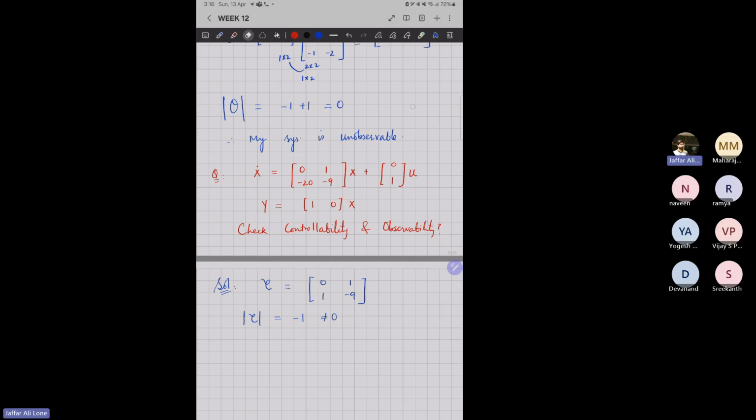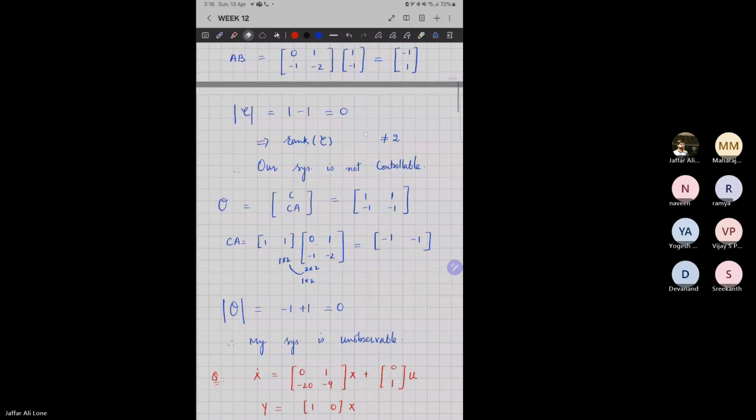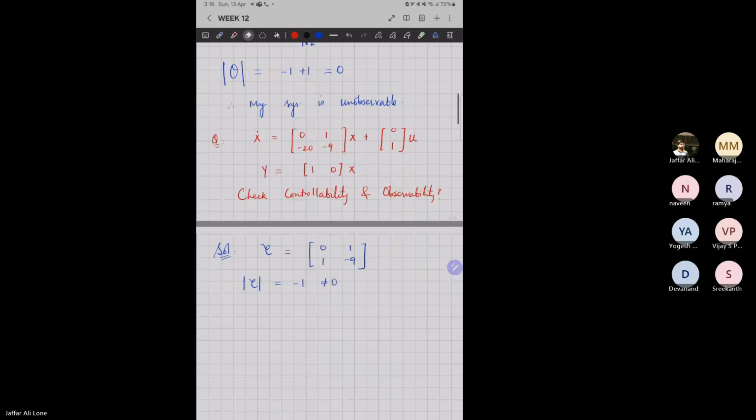This can be confusing. The rank can be less than 2. Everybody got controllable.